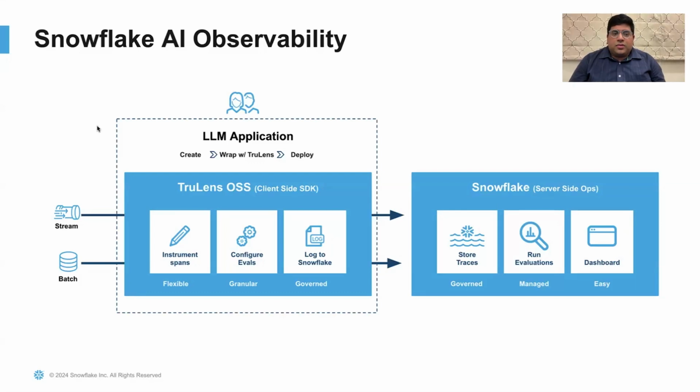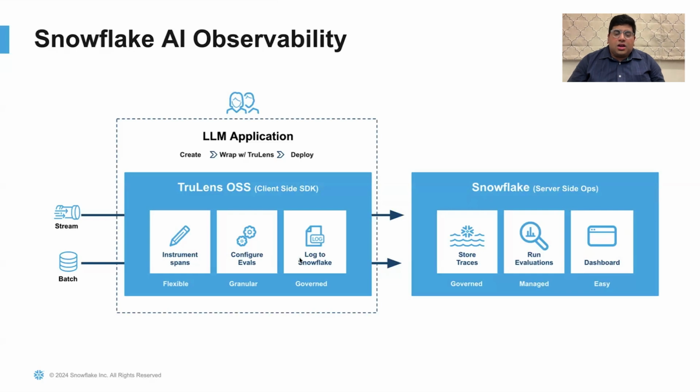Thank you, Anupam. Snowflake AI Observability has two parts to it. First is TruLens, an open source Python package that allows you to instrument your applications, which is a term from the telemetry domain that means ensuring your applications can generate structured traces with spans. Configure evals from the out-of-box evaluations available within TruLens or create your own custom evaluations.